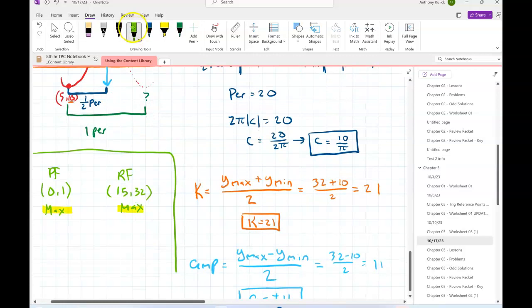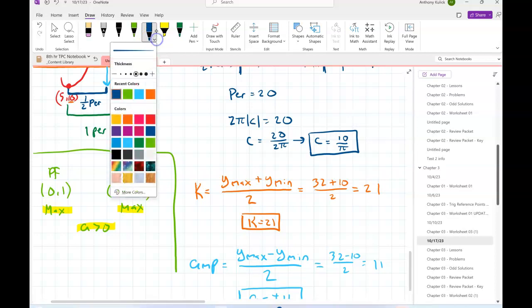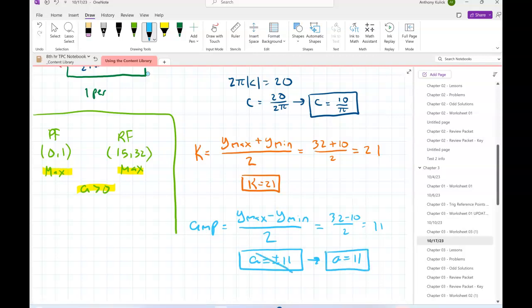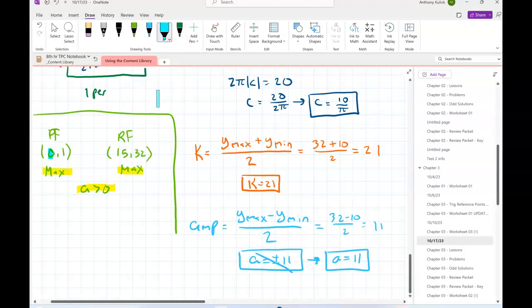Since both of them are maxes, that tells me that the a value is positive. And because we've gone from 0 to 15, the h is going to be 15.